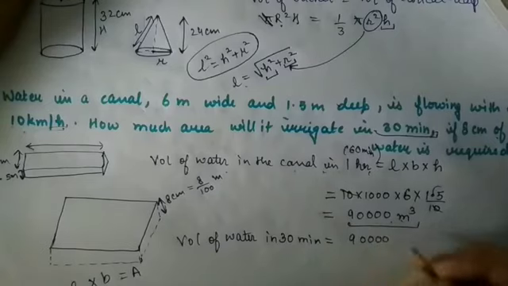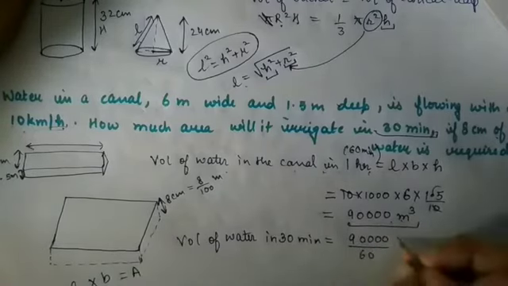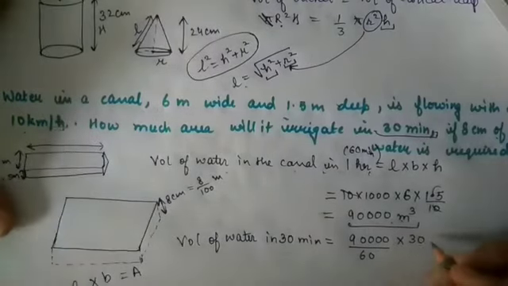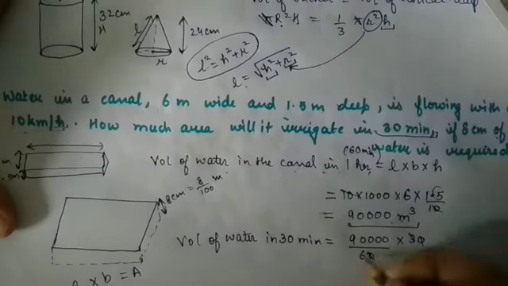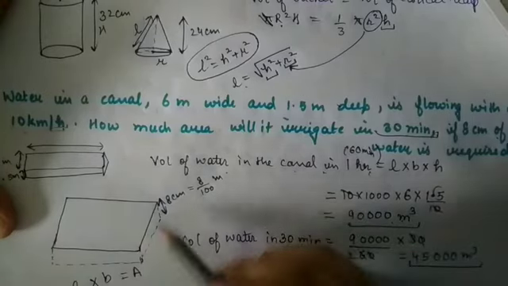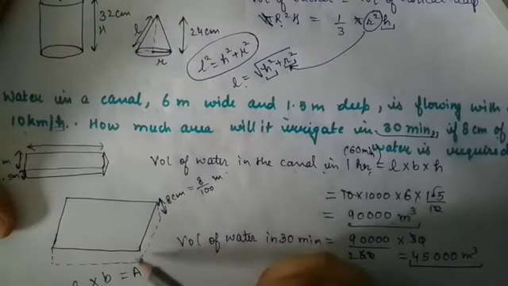So in 30 minutes it would be 90,000 upon 60 into 30. We will do unitary method. So you will get it equal to 45,000 meter cube.